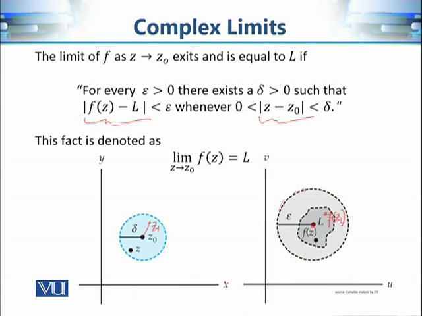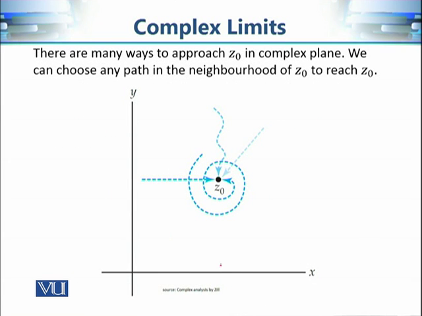Now the point is, if we are approaching this z naught in the delta neighborhood, then there are many, in fact infinitely many ways of approaching z naught. I can approach using this path, I can approach using this path.